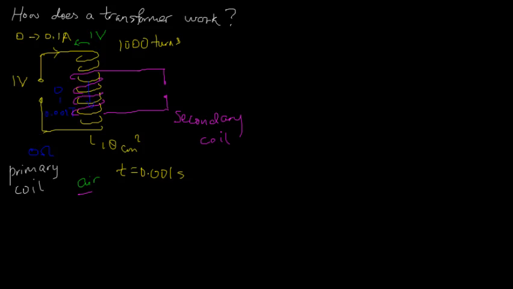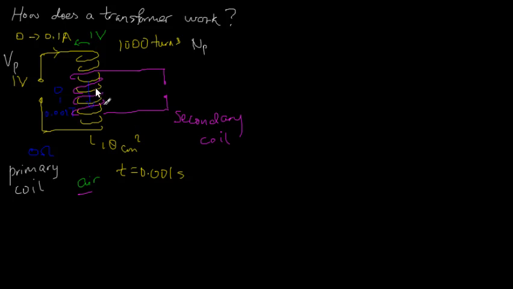Right. Now I would like to define some symbols. Let's say this 1 volt here is VP for primary. This 1000 turns here is NP, so NP is 1000.